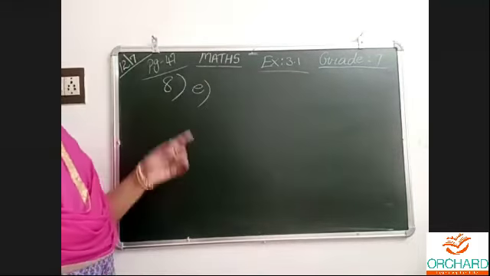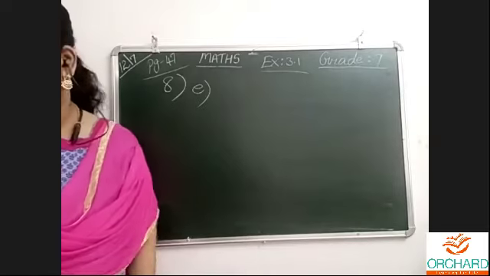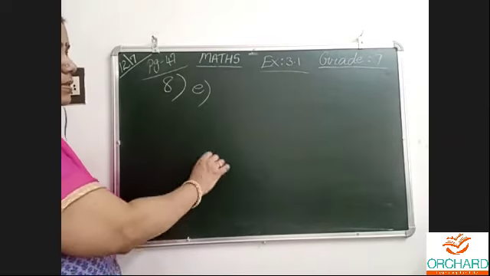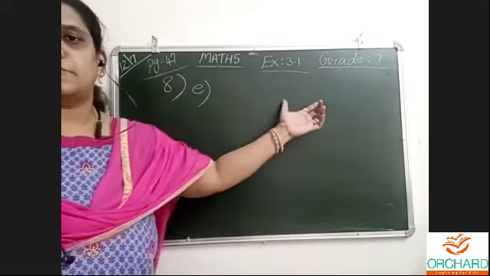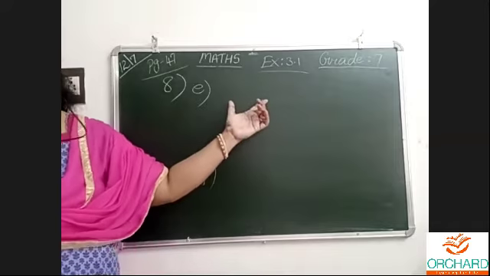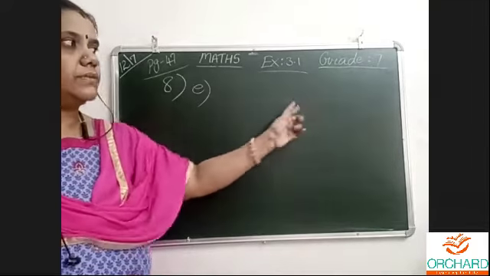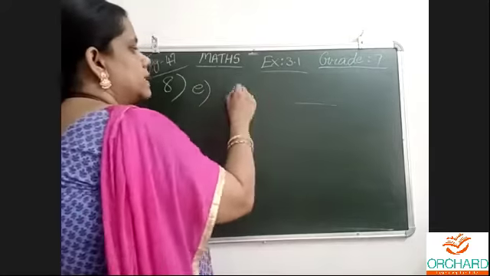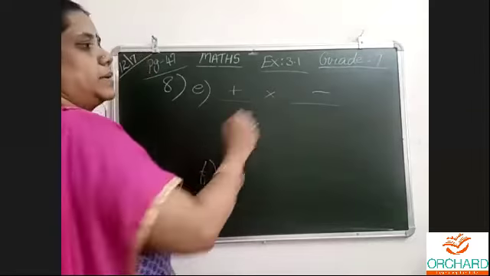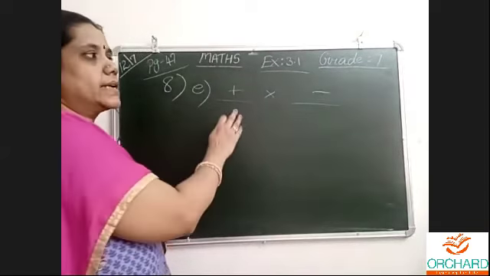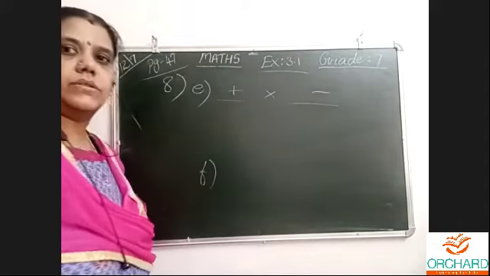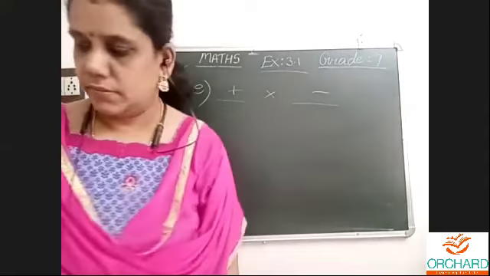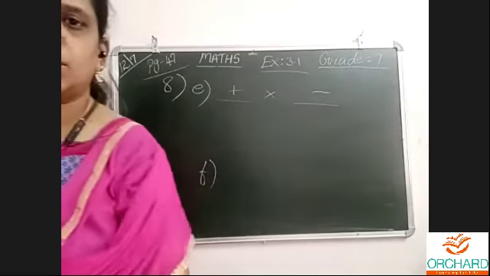So we will start in our next class, 8E and 8F. Okay. Same decimal multiplication only. After addition, after subtraction, we'll do multiplication. 3 things are asked in this question: plus doing, minus doing, then multiplication. So it will take time. I won't take it now. Next class. Thank you.